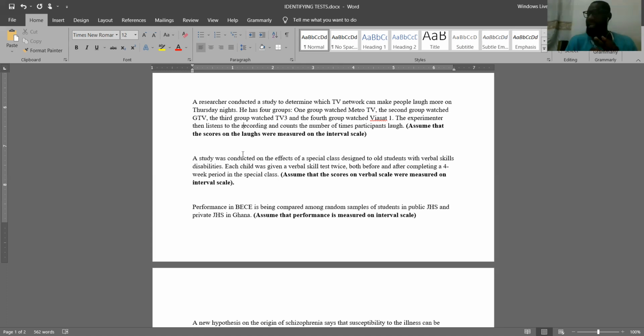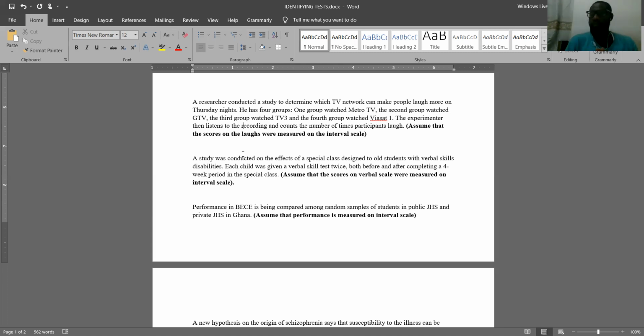Also, the independent variable, which is the type of TV network, is only one. Again, the dependent variable, which is laugh, is on interval scale. Hence, one-way analysis of variance or one-way ANOVA will be the appropriate test.